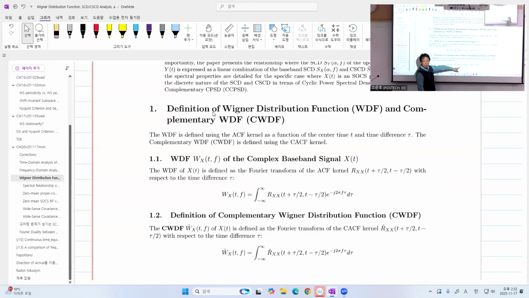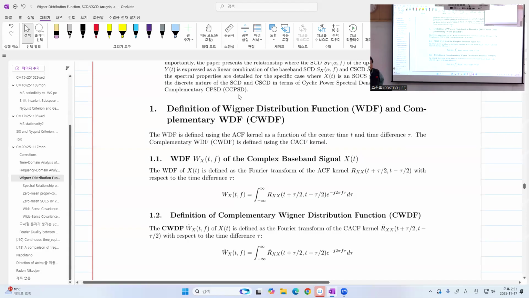Last time I talked about it and looked up the literature and found that people already have defined this term and have used it. So we have two Wigner distribution functions. And now the question is, what is the Wigner distribution function of the up-converted real-valued bandpass random process Y in terms of these two?